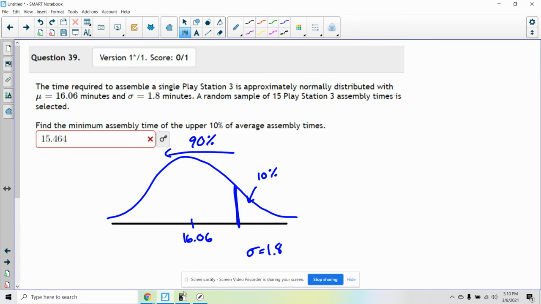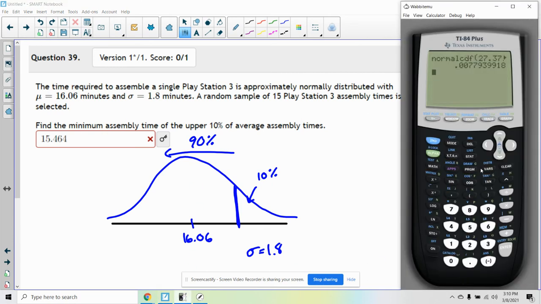When you're given the percentages, you're going to use inverse normal. Second distribution, inverse normal. The area to the left of this value that I'm looking for is 90%.